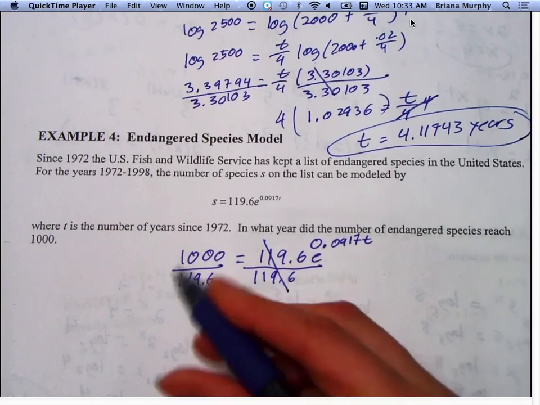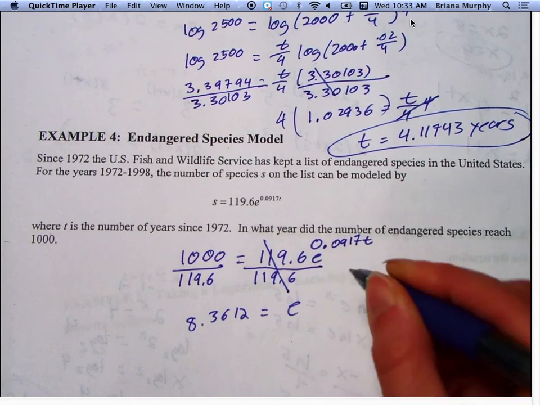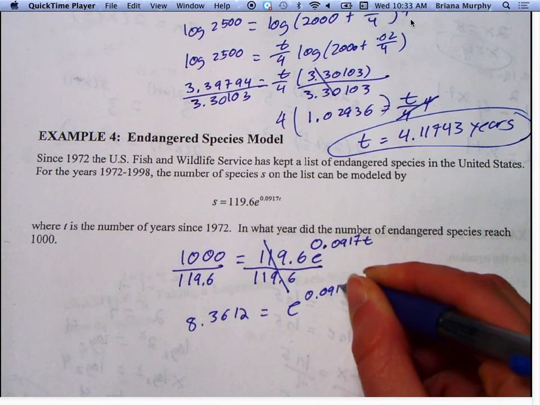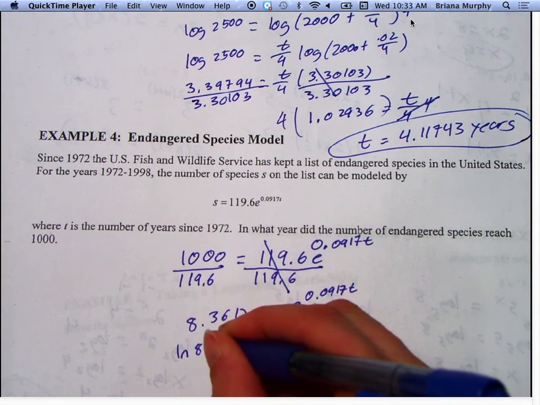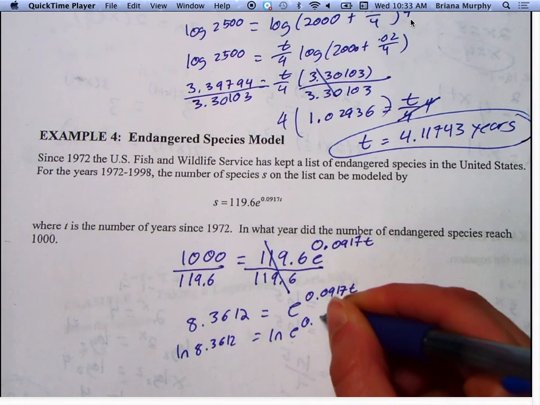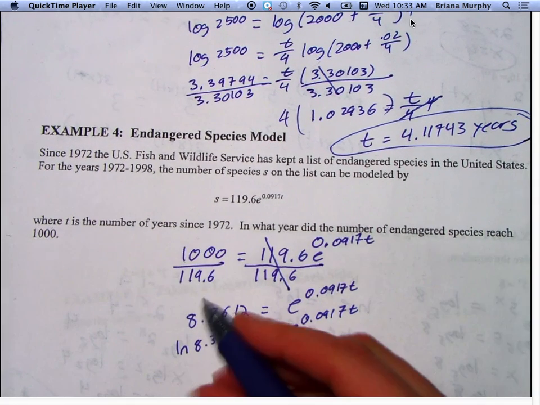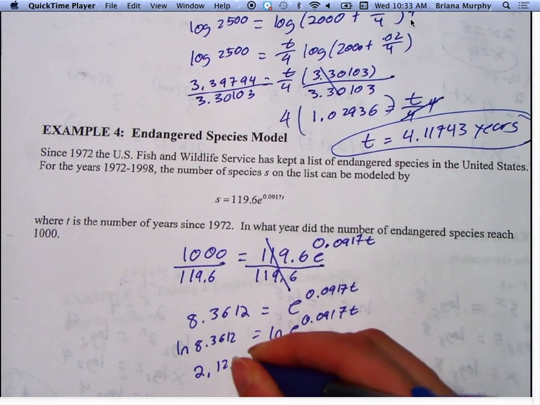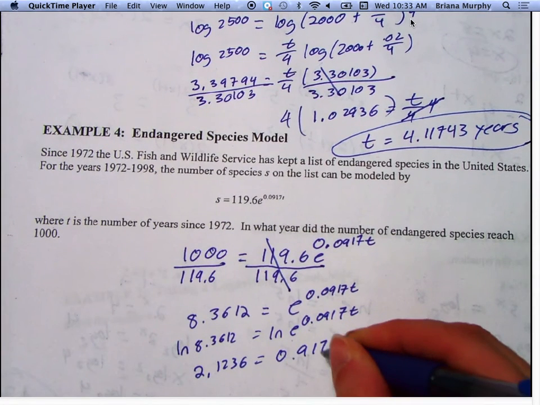Okay, so I get 8.3612 equals e to the 0.0917 t. Now I'm going to do what? Natural log. Natural log of 8.3612 equals the natural log of e to the 0.0917t. Okay, I'm going to get 2.1236 equals 0.0917t.